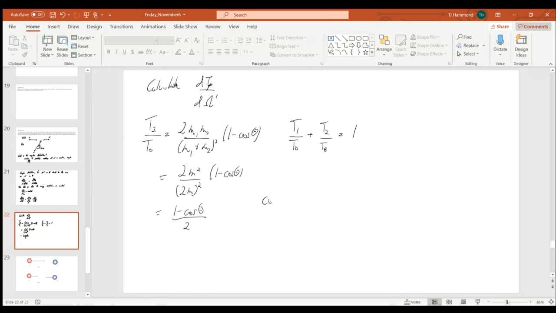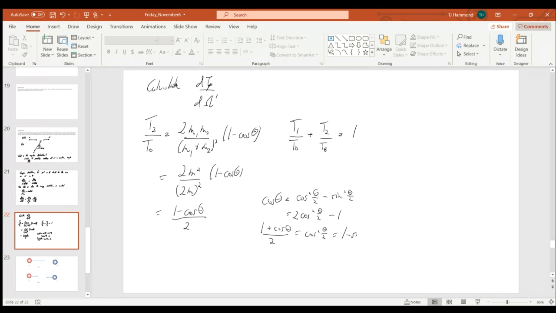But cosine theta is equal to cosine squared theta by 2 minus sine squared theta by 2. And this is 2 cosine squared theta by 2 minus 1. So what you get is 1 plus cosine theta divided by 2 is equal to cosine squared theta by 2.